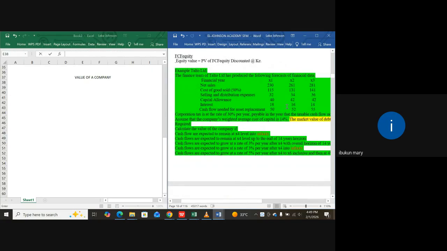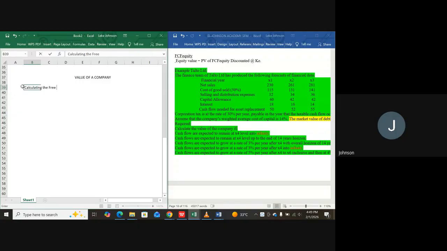Yes, please. Okay, so this is what we're going to do. Normally you need to get your accounting profit first. So, calculating the free cash flow to the entity.